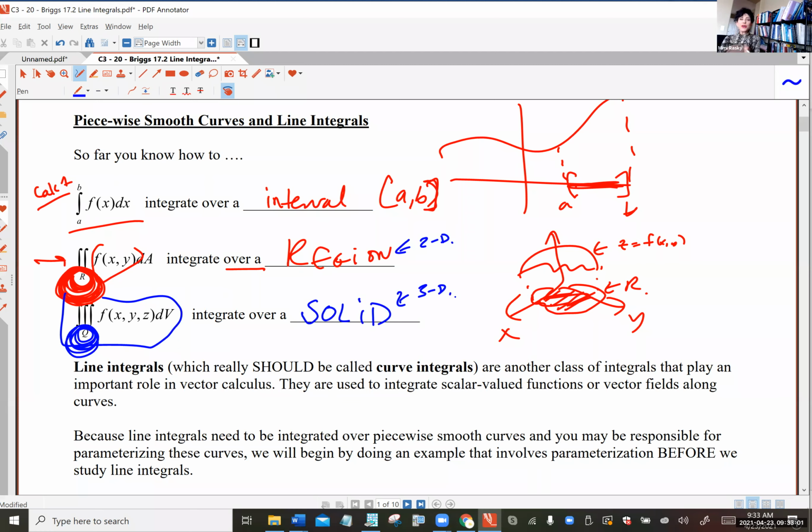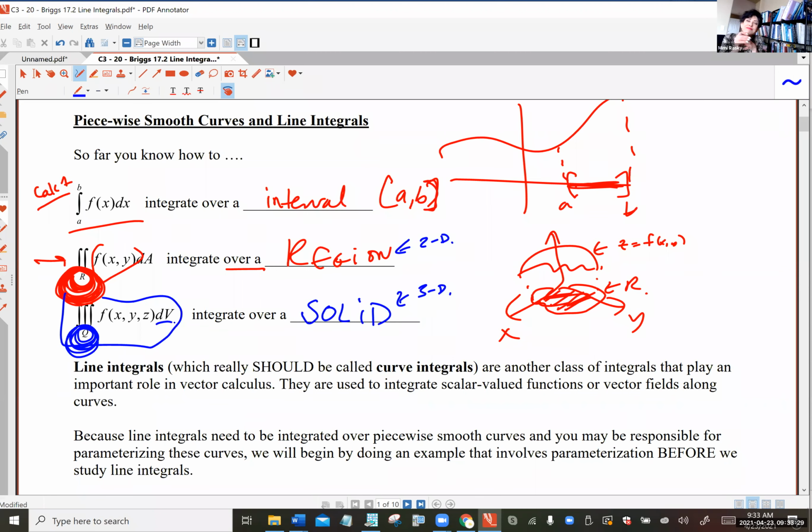That's what you know how to do so far. Congratulations, you know how to do all three of those. Single, double, triple. Single integral over an interval. Double integral is over a region in two dimensions, a planar region, and yes, you need an area element. And then for a triple integral, you need a volume element because you're integrating in 3D over a solid. Okay.